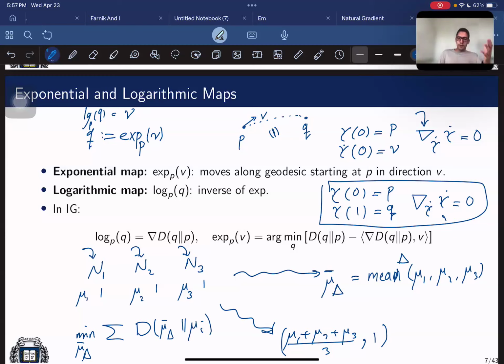The minimizer of this, or the minimizer of this. When you're taking the mean of three normal distributions to be this one, you're essentially taking an exponential mapping. So this is the solution to this.